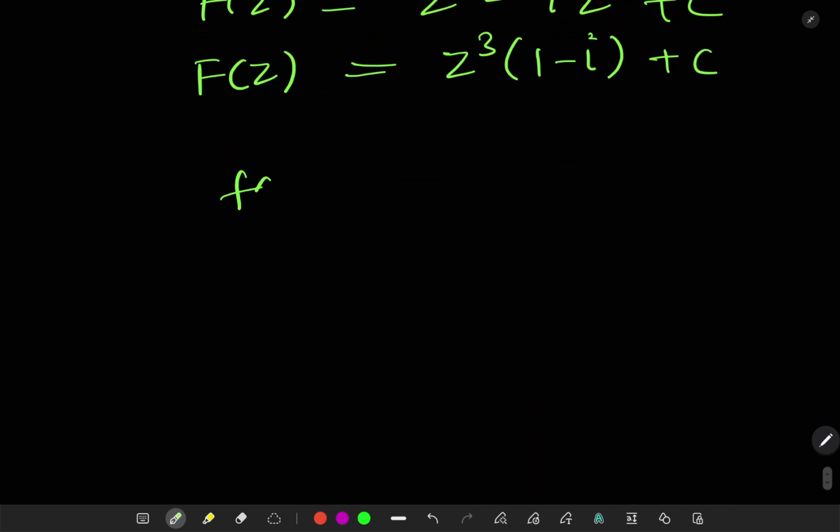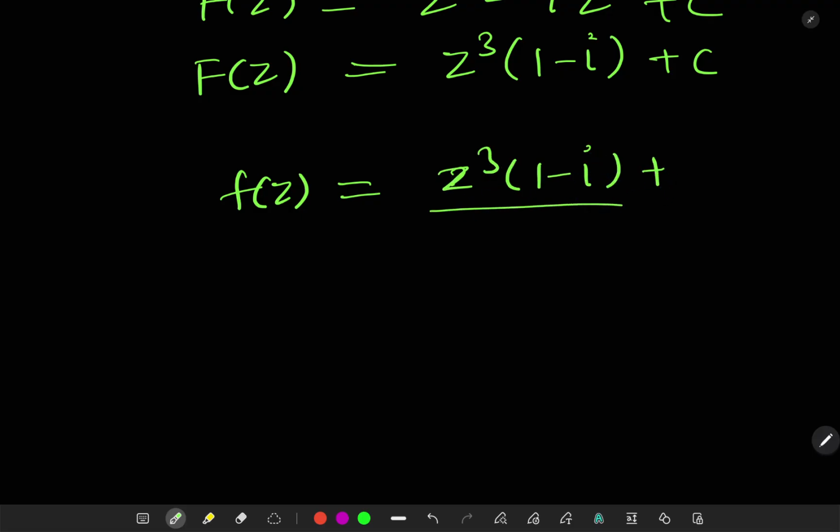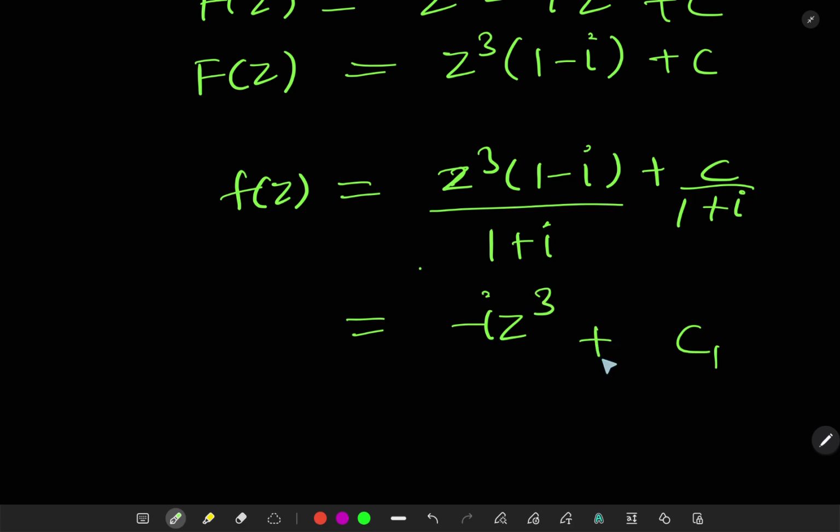So small f z is equal to this divided by 1 plus iota, and c divided by 1 plus iota, or we can write this term as c1, and rationalizing this term and solving, we get this value.